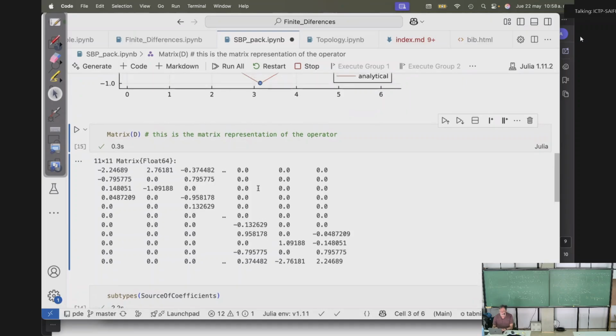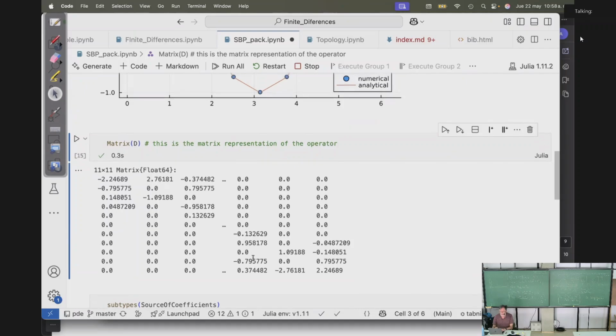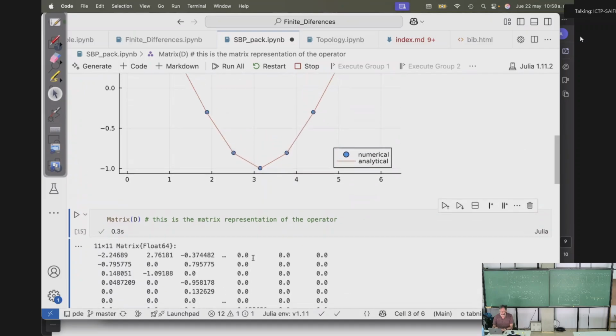Let me see, how many points do we have here? 1, 2, 3, 4, 5, 6, 7, 8, 9, 10. So this is the whole matrix.